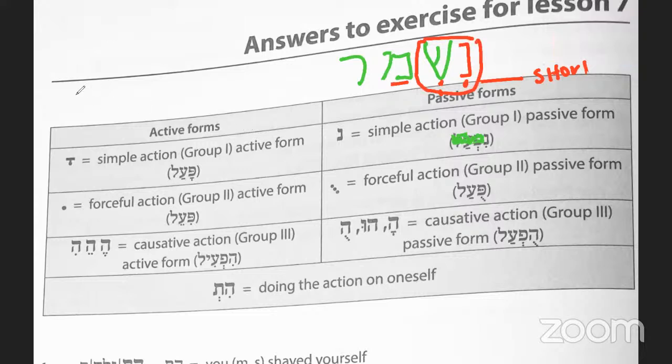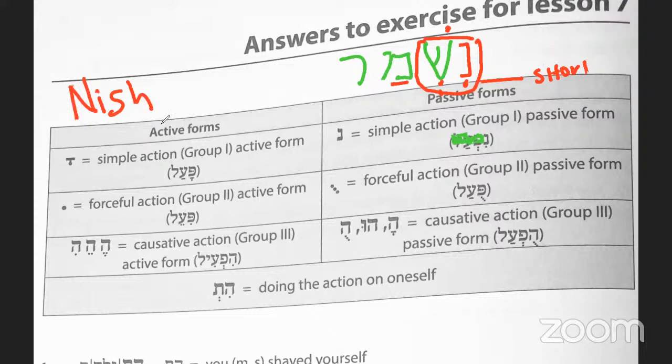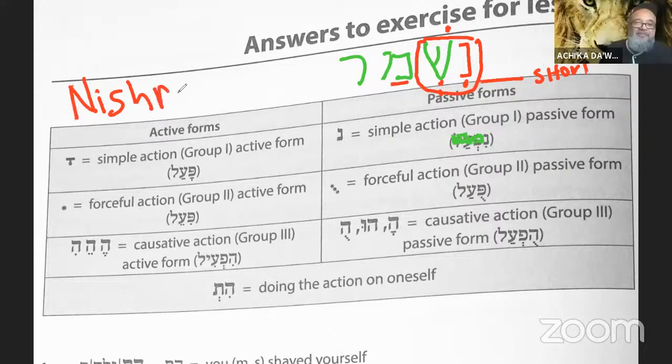It's a noon, and then it has an I sound for your vowel, and then it has a SH. You were close. So that's how you say that, nish. Nishmar. You have the M, then you got the ah, and then you got the R. Nishmar.